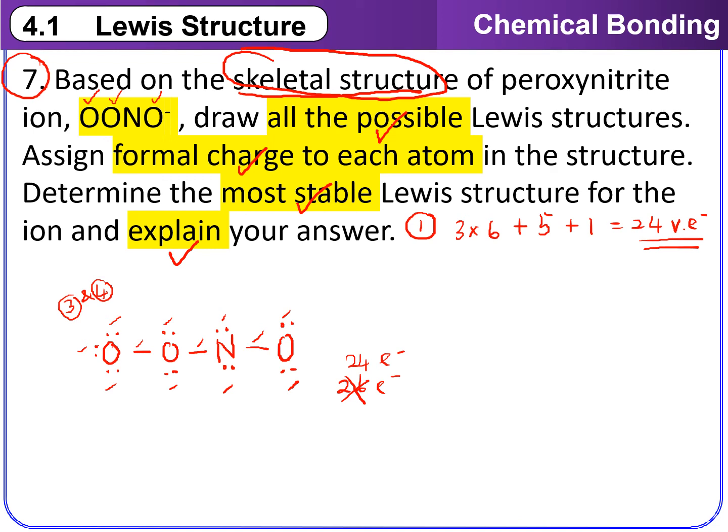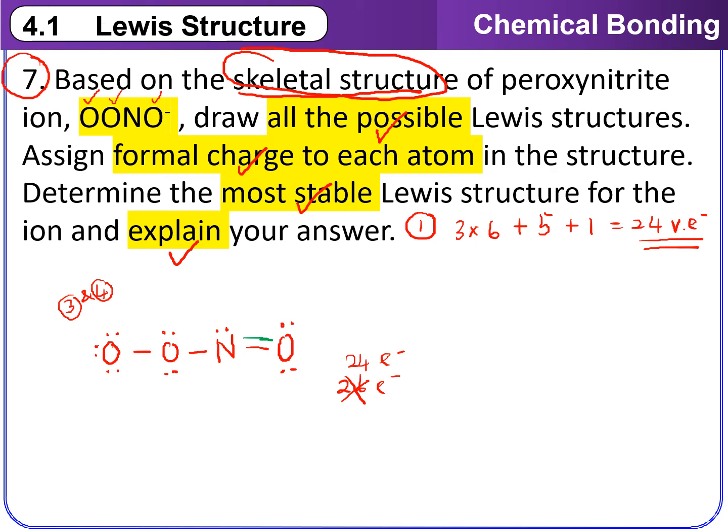Okay, then next we are going to check. We will notice that the last oxygen only has 6 electrons instead of 8 electrons. So what we are going to do, if the atom has not achieved octet yet, is form a double bond. So one of the lone pairs from the nitrogen will form a double bond with oxygen, so that both nitrogen and oxygen can be in octet.